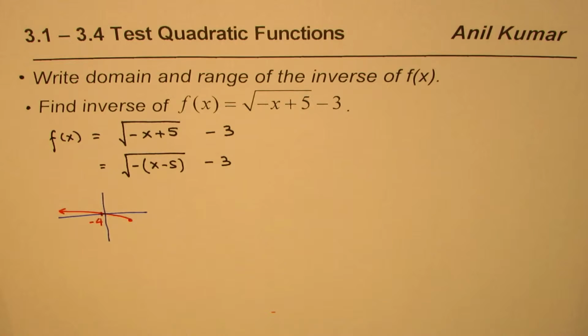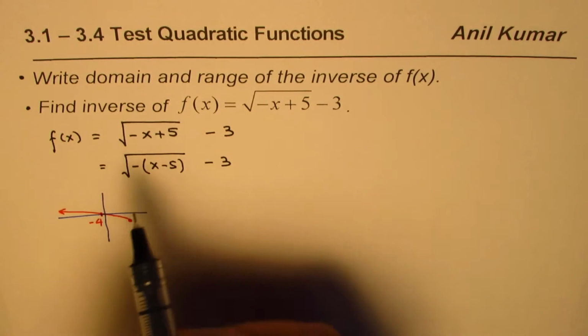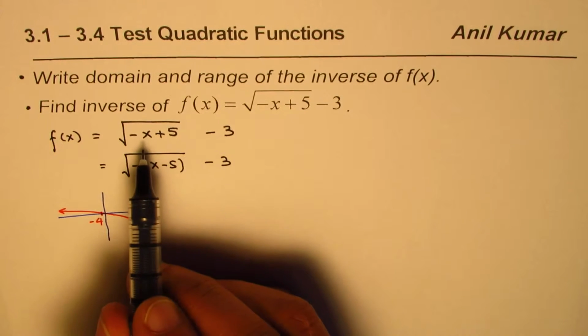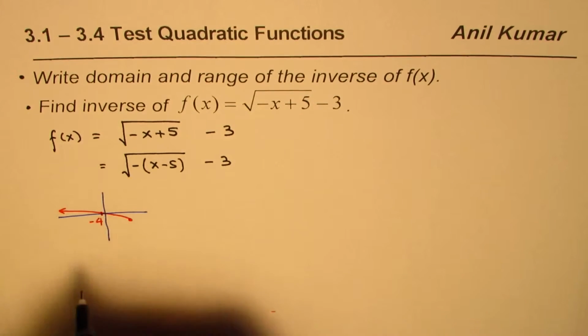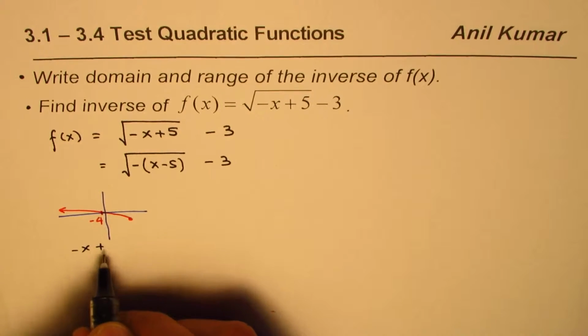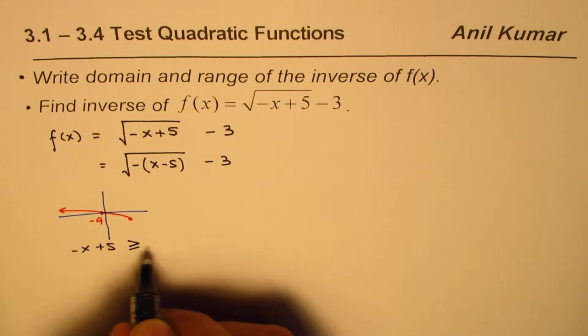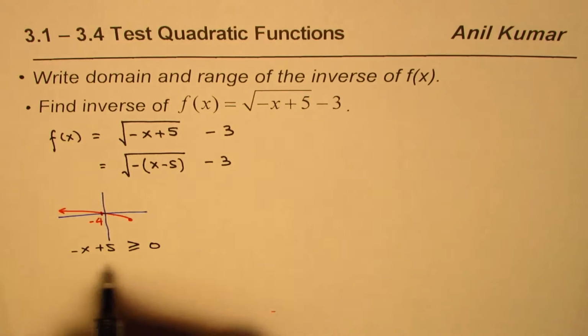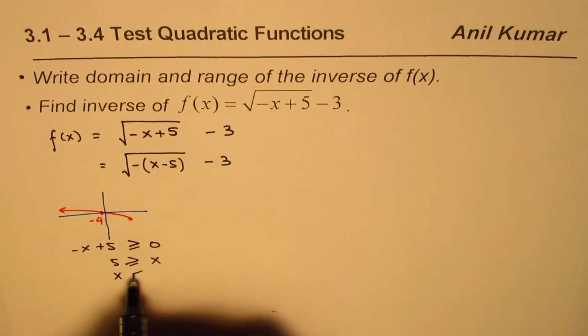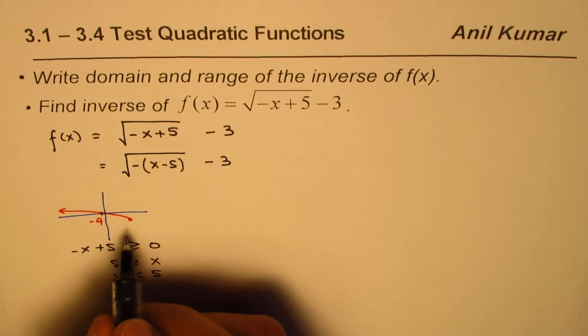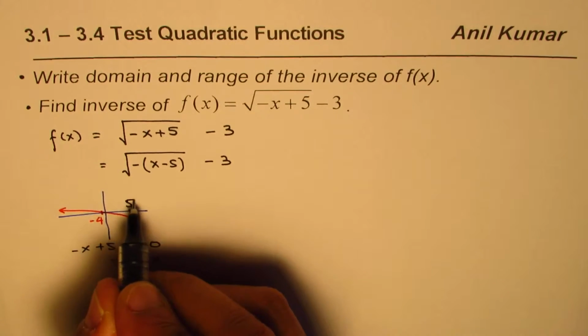Now from here you can always write domain and range, or you could also write the domain from the inside value. So let me use that, which is minus x plus 5 should be greater than or equal to 0, right? So if you rearrange, you get 5 greater than or equal to x, or you can say x is less than or equal to 5. So this point is 5 here.